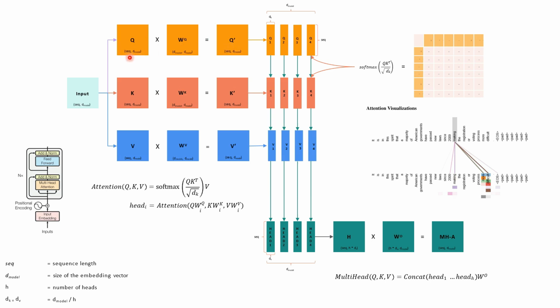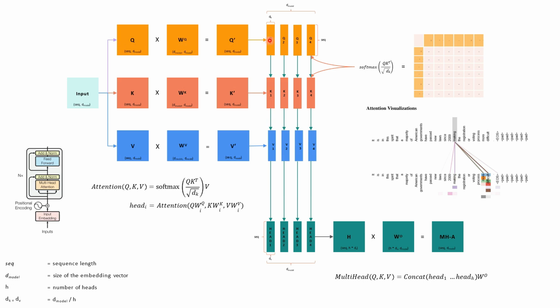In the matrix multiplication, if I cross this one and this one, these two D model terms will be crossed, and the size of the matrix should be sequence by D model. That means if I cross this with this WQ, this Q prime will obviously be the same size.